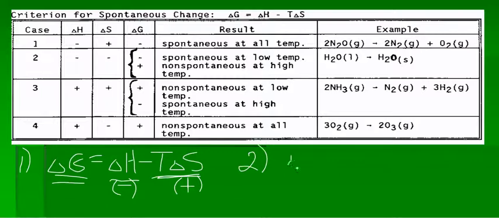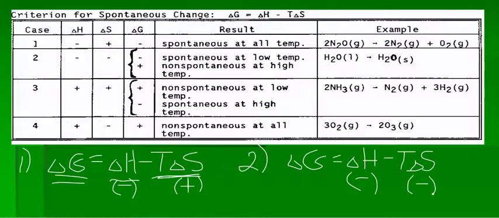Case number 2, if we're using the same equation, delta H is negative and delta S is negative, well, this quantity back here is going to be positive. And so the value for delta G will depend on temperature.